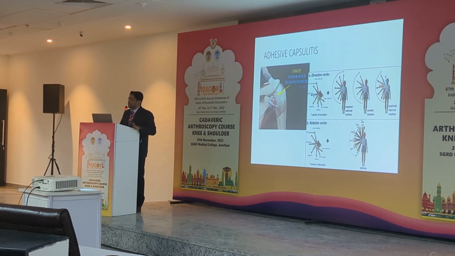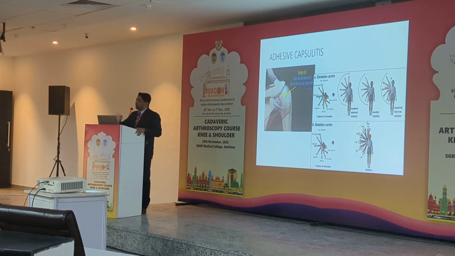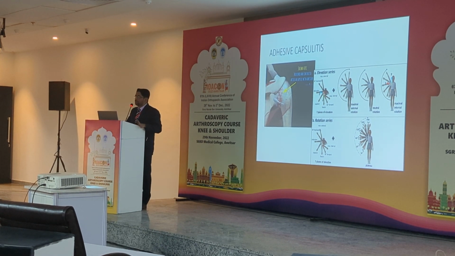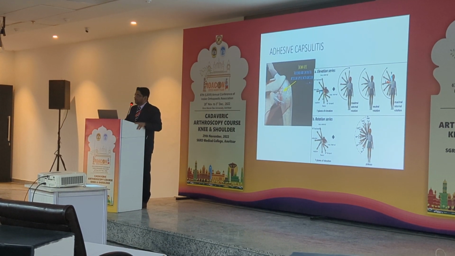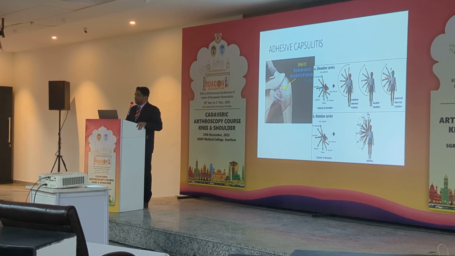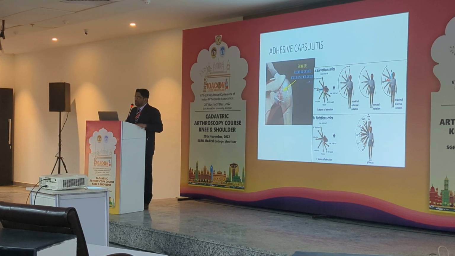Active movement is also very painful, and rotations are also painful. So in adhesive capsulitis, the main complaint is always pain. In all others, there is either instability or restricted range of motion, but in adhesive capsulitis it is always pain, and active range of motion is not possible.